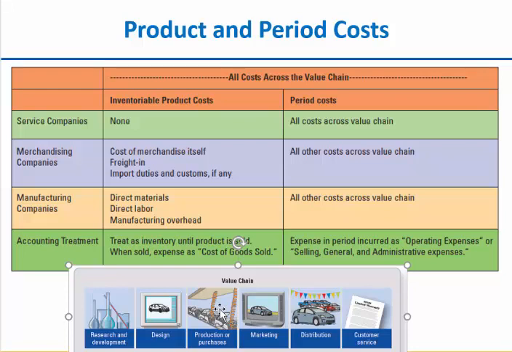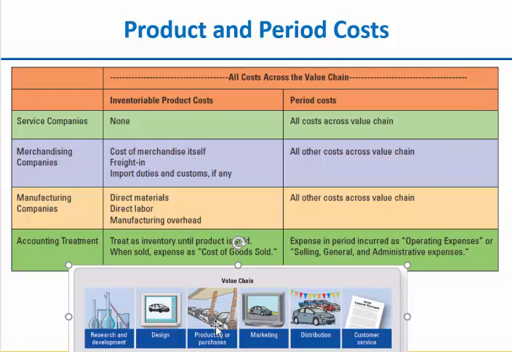For the manufacturing companies, we're looking at direct materials, direct labor, and manufacturing overhead. Together, that is production cost, or the manufacturing cost. So the product costs are essentially the manufacturing cost in this context.